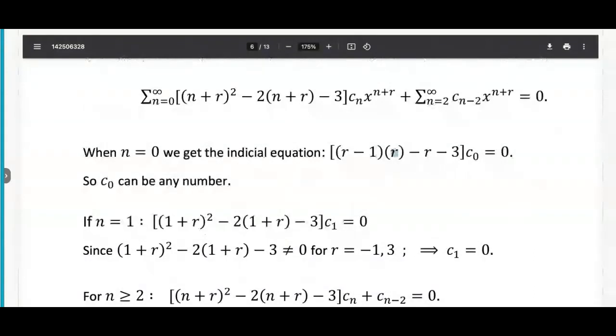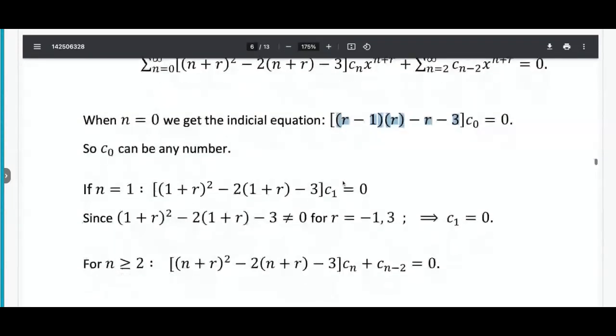Yes, it's the same, it's just this r written in the back here. So when n equals 0, we have this C0 times this equals 0. So either this is 0. When this is 0, C0 can be any number.